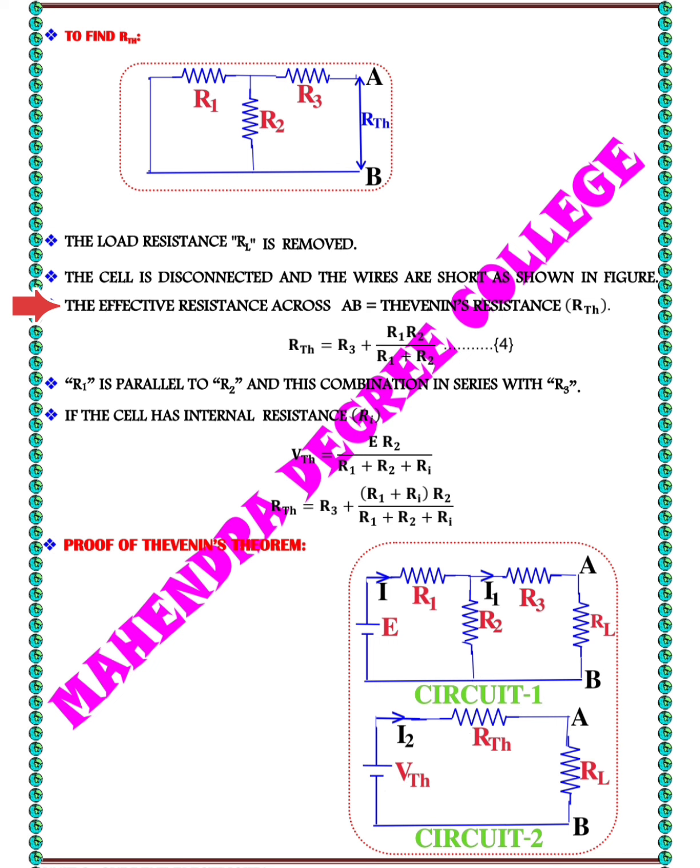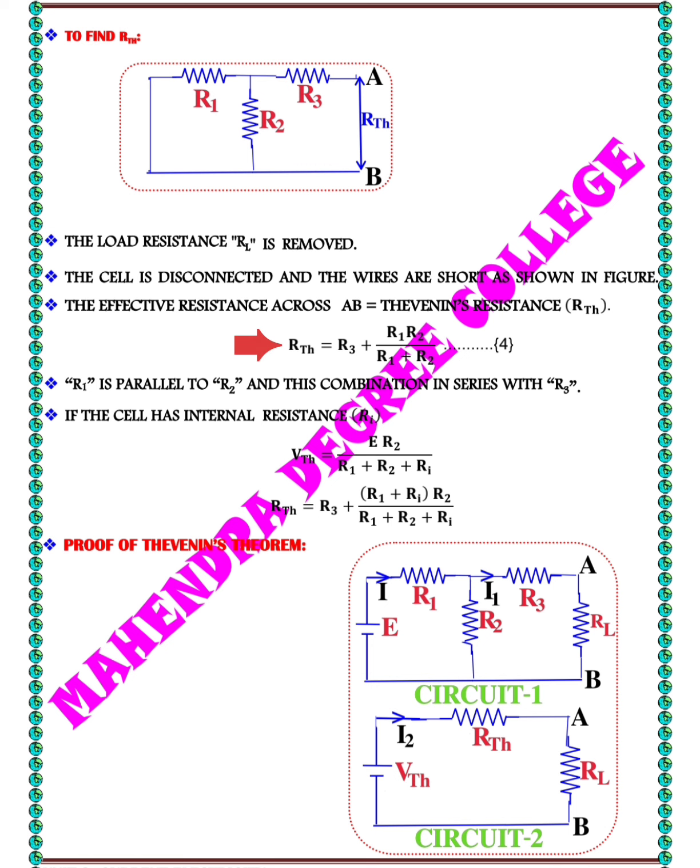It means the effective resistance across any two terminals AB is indeed equal to Thevenin's resistance when Thevenin's theorem is applied to simplify the circuit.